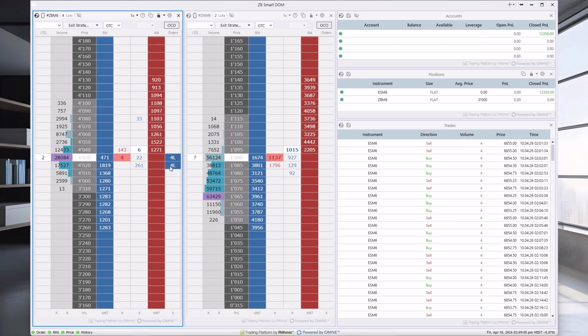Now, unfortunately, that position here did not get filled. So let me try to enter here. Yep, got triggered. Okay. Should be interesting.